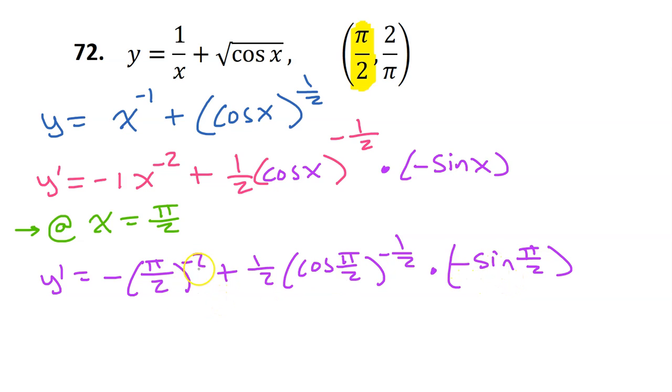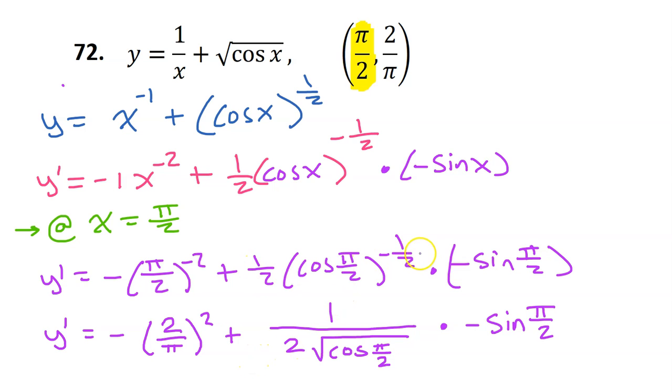So I'm also going to rewrite this to deal with these negative exponents. Remember one little thing. If I have a over b to the negative 2 power, that's the same thing as b over a to the positive 2 power. So that's what's going to happen right here. What happened in this area here is, you see the 1/2, so the 2 is still right there. But then we have the cosine pi over 2 to the negative 1/2 power.